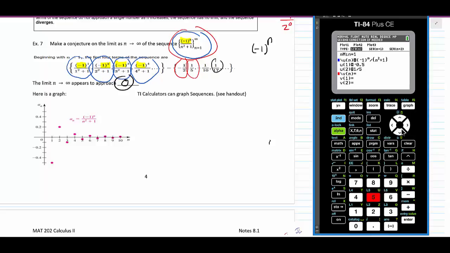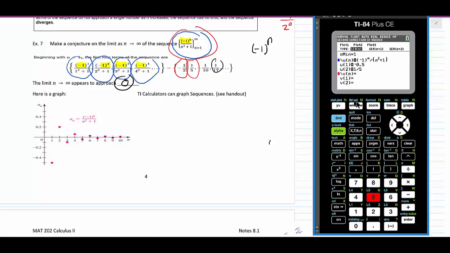So it's going to want you to put in the first two terms of the sequence. Okay, everybody with me so far? What's that? Is it not asking? Okay, it may not. It may depend on the calculator. I have the TI-84 Plus CE. That's why mine does it.